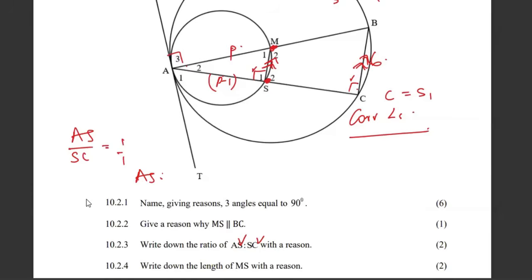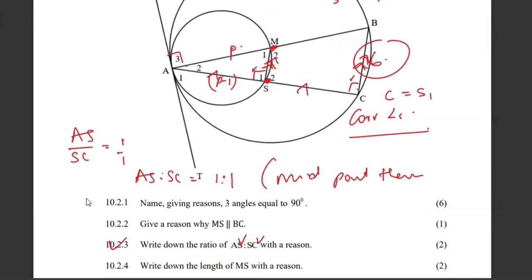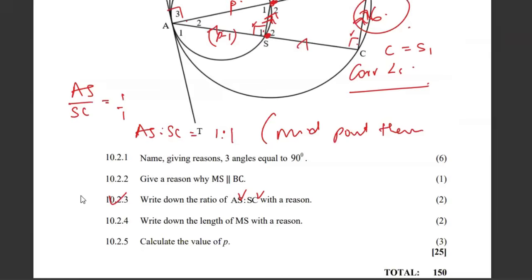So AS to SC is 1:1, since this distance must be the same as that distance. The reason, midpoint theorem. All right, and then what is the length of MS? So if this is a 6, then MS must be half of the 6. So it's going to be half of 6, which is 3. We are still using the midpoint theorem.